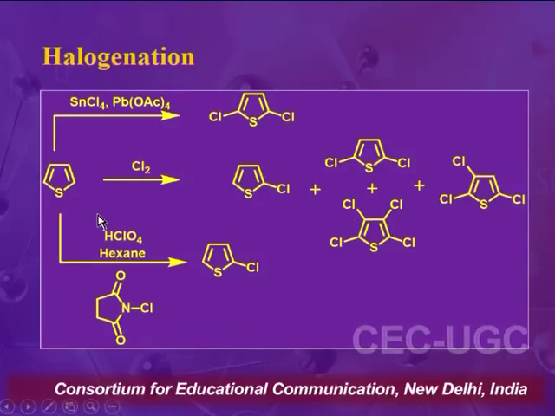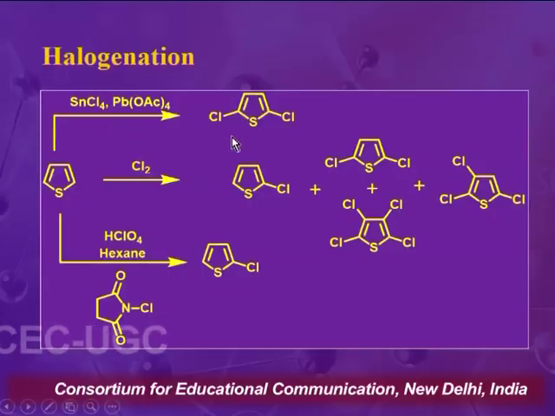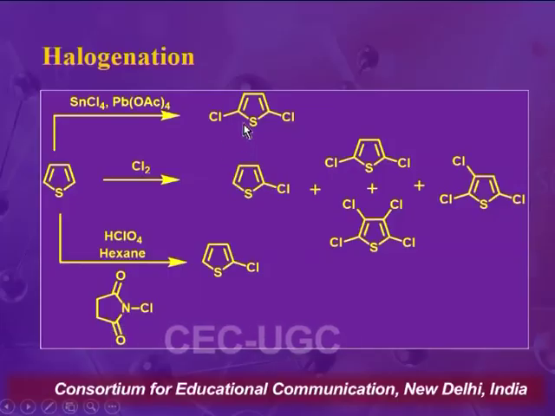And when we use tin chloride in lead acetate, then we will get 2,5-dichlorothiophene as the only product. And by using N-chlorosuccinimide, we get only a single product, that will be 2-chlorothiophene.